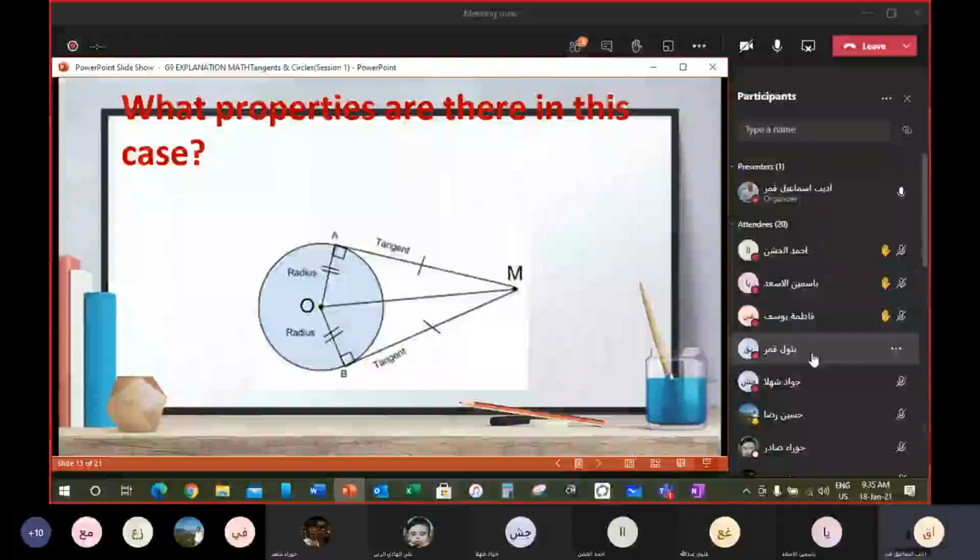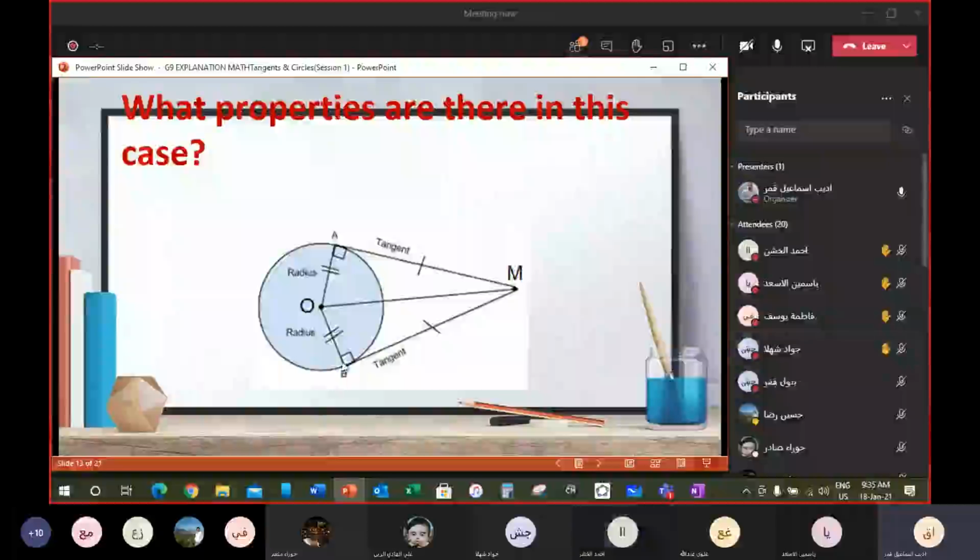Do you remember the cases of congruency of right triangles? So the hypotenuse OM is common, and the legs are OA and OB. OA equals OB because they are radii, and OM is the common hypotenuse. Then we have AM equal to BM, homologous sides.